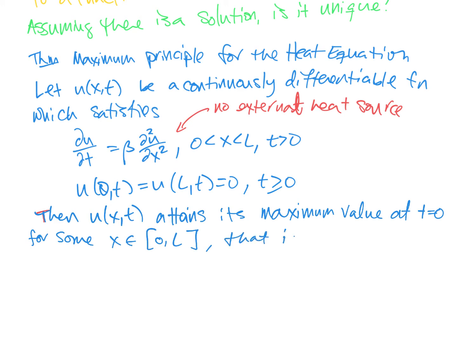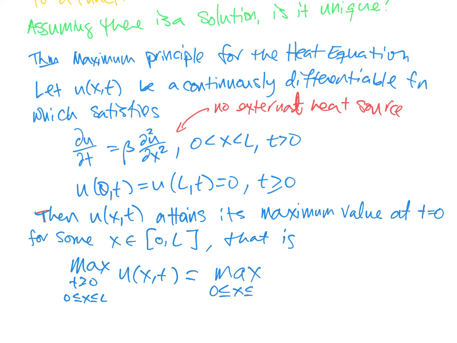And then another way to say that is that the max over all time and all x's of u(x,t) is going to happen at some x, but at u when t equals 0.